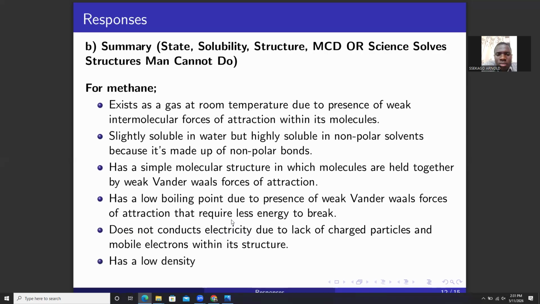Then density. Methane has a low density. Why? Due to loose packing. Those molecules are loose, they are spaced. It has a low density due to loose packing of molecules within its structure.